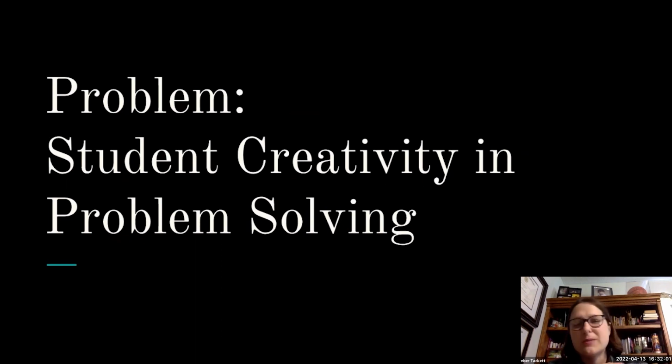They would have to ideate, come up with various solutions, and then choose one and use that for a design project with the 3D printers.